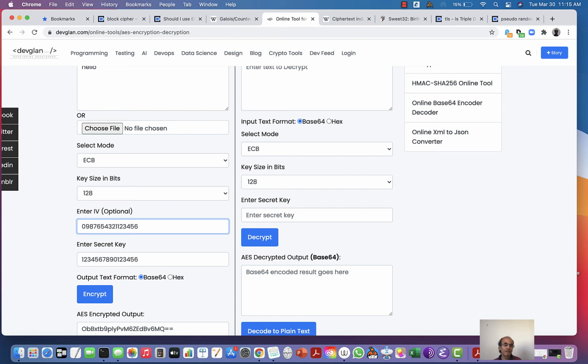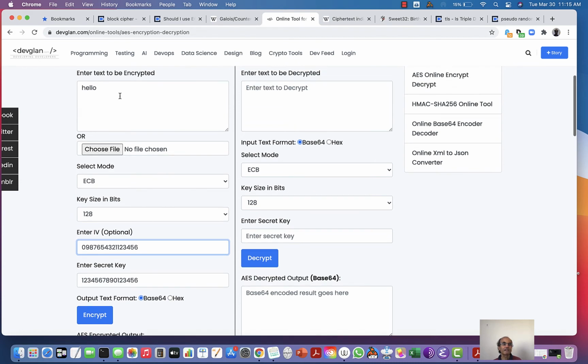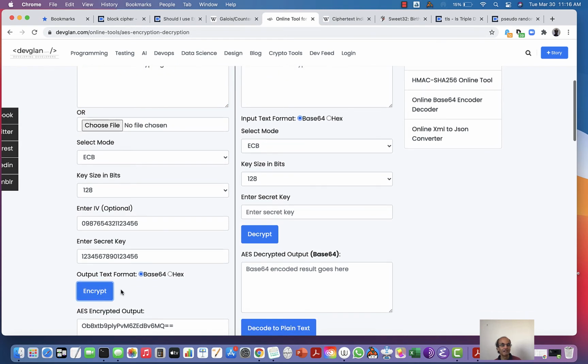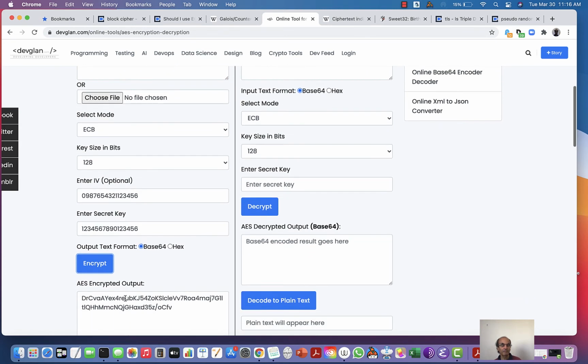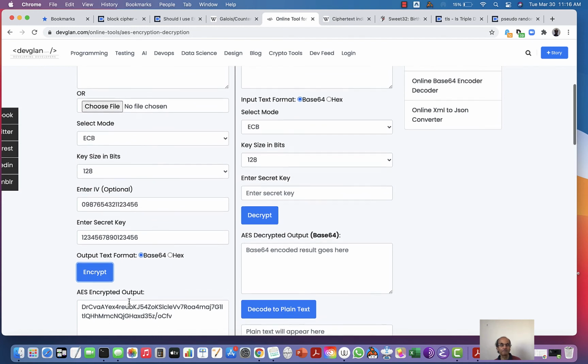Maybe that'll do it. That's hopefully 16 digits. Then I can enter a text, and let's see what happens. Oh, something popped out, so we have a ciphertext here.